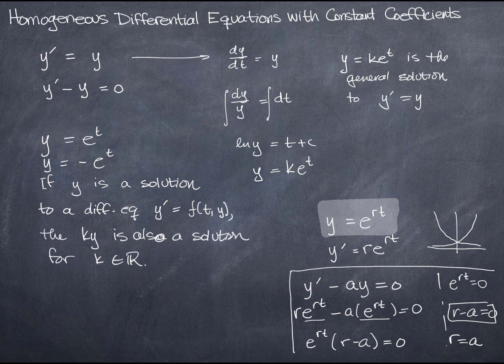So if I have a differential equation where instead of just y prime minus y equals 0, I have y prime minus some constant times y equals 0, then a solution is y equals e to the rt, not just y equals e to the t.